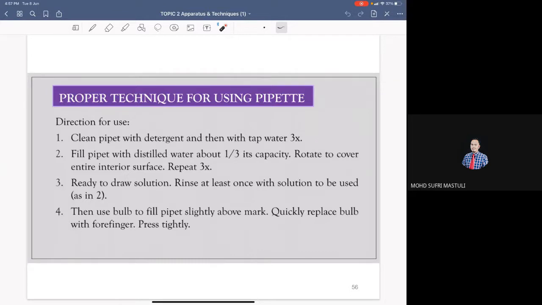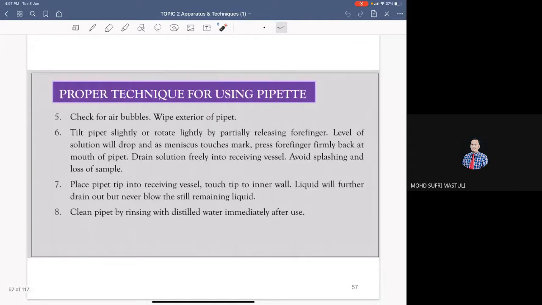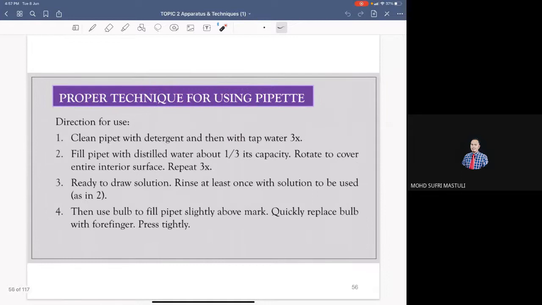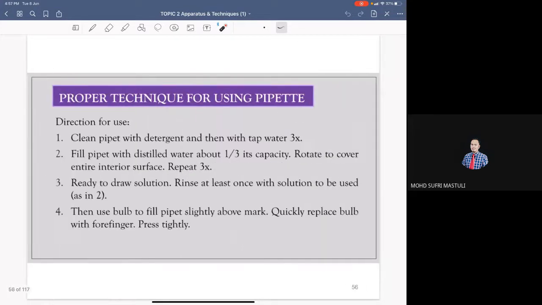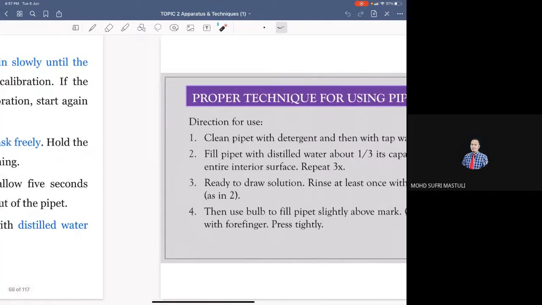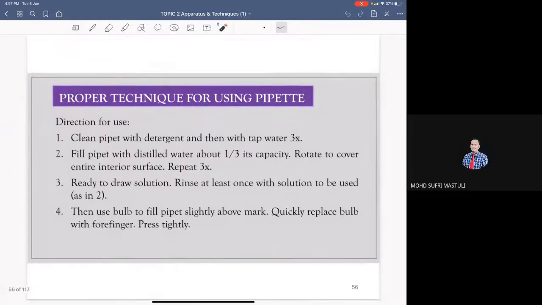So this one also seems like the previous one, a proper technique for using the pipette. You can read up and compare with the previous slide, and then you can make a summary of how to use the pipette properly.